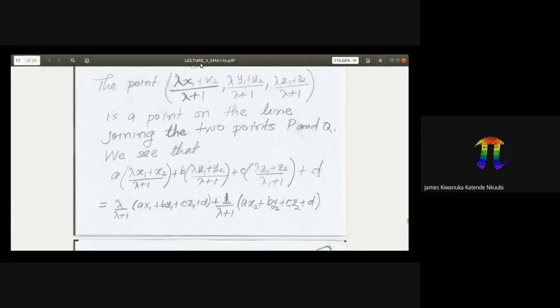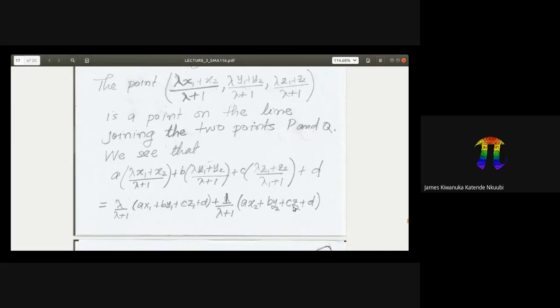So these points actually satisfy the equation of a plane and must therefore be on the plane. So what we have done is pick any 2 points on the plane and show that any point on the line joining the 2 points must also be on the plane. And therefore this must be the equation of a plane, right?